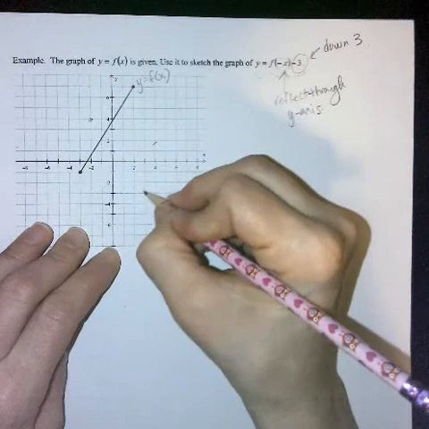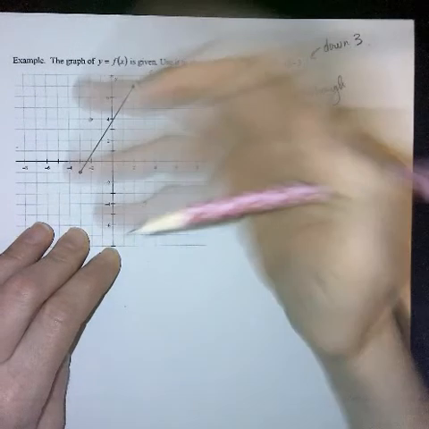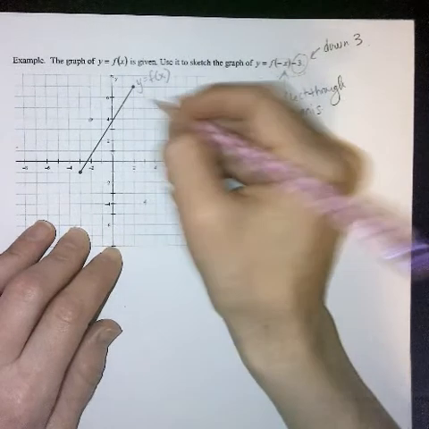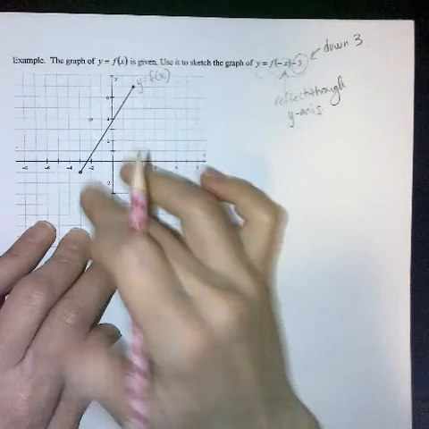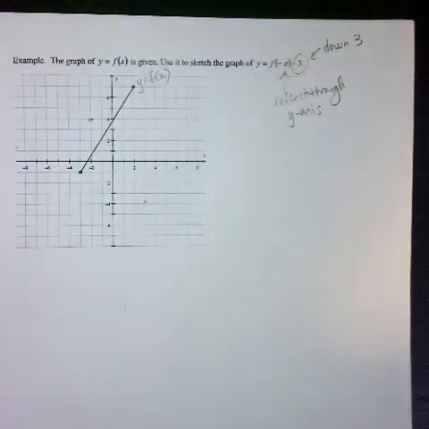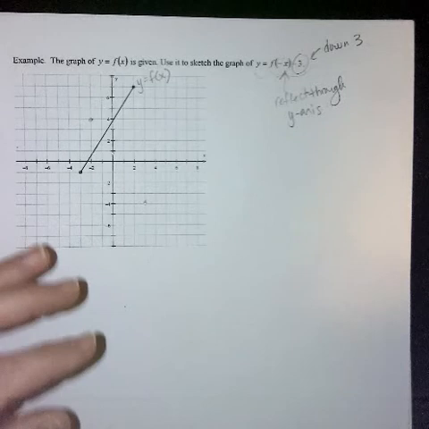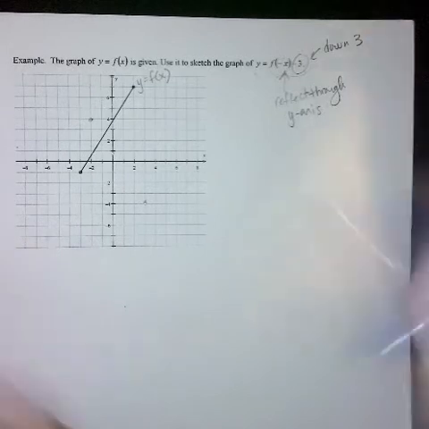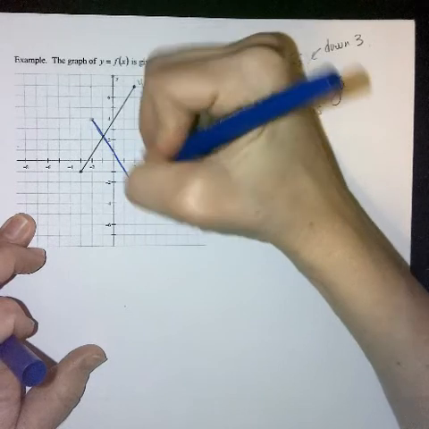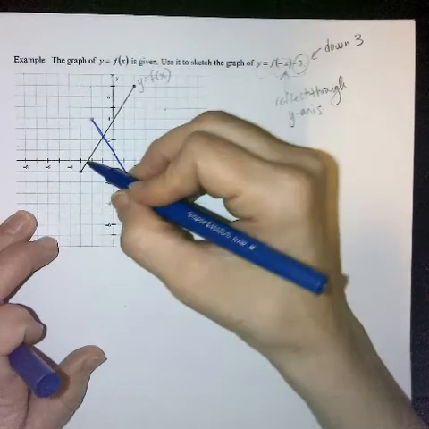If you're keeping track of what you're doing correctly, you should get the same shape, oriented differently, but it's still the same shape. And so we have, actually I'll use the blue here, this graph. So just use those key points to help you. And this is y is f at negative x minus 3.